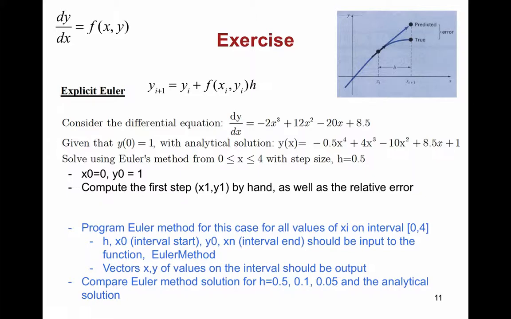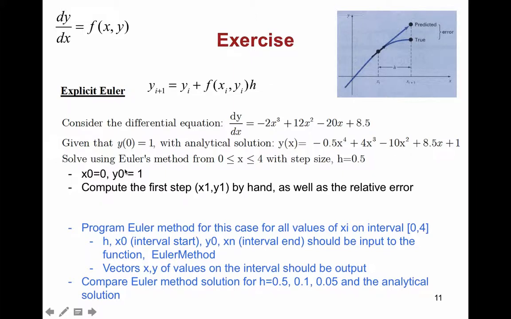Okay? So I have an analytical solution so I can check how well I'm doing. That's the whole point in these problems where I have an analytical solution. So we're going to solve this with Euler's method. This is Euler's method formula. And we're going to solve it on the interval from 0 to 4 with step size h equal to 0.5. And so my starting point, the initial point that I'm starting from, is (0, 1).